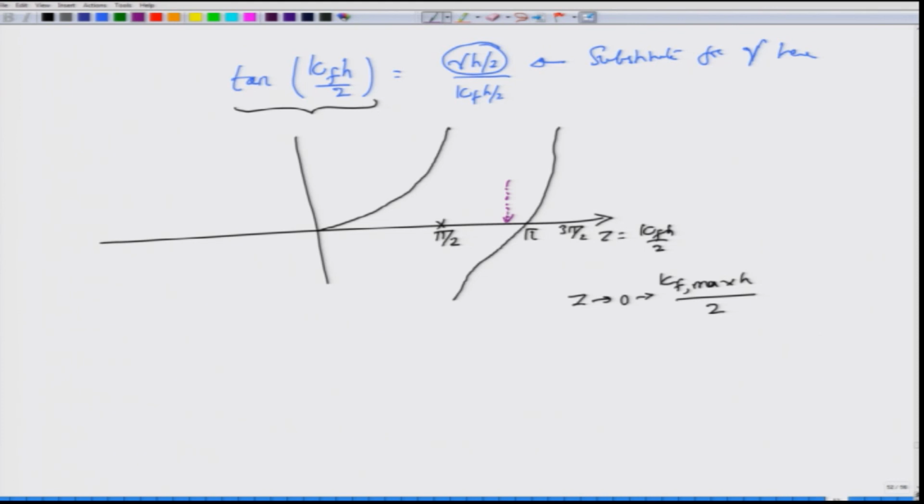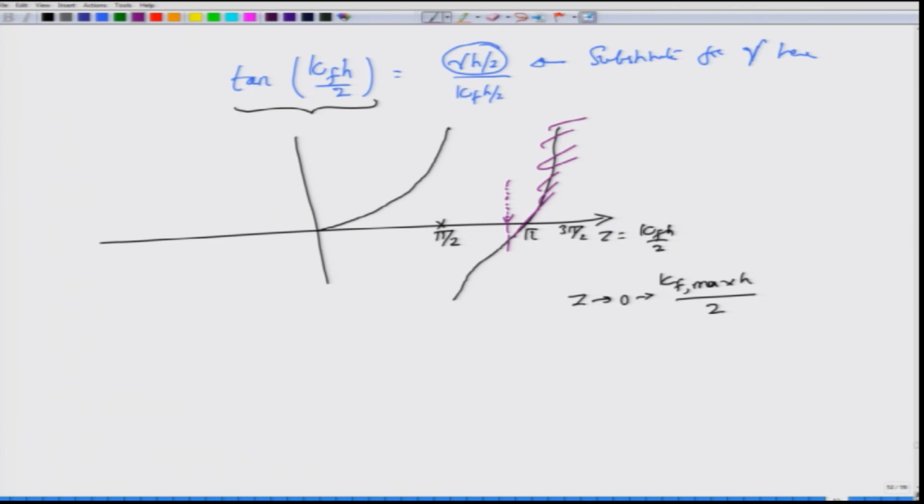So, you can go back and put the exact value of kappa f max h by 2 here and then complete this problem, or complete the understanding of this one. So, let us say this kappa f max h by 2 happened to be here, okay. All this region beyond this is really not important for us. So, you can scratch this out or you can remove that one.